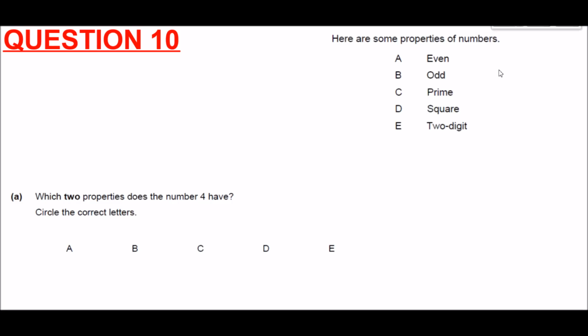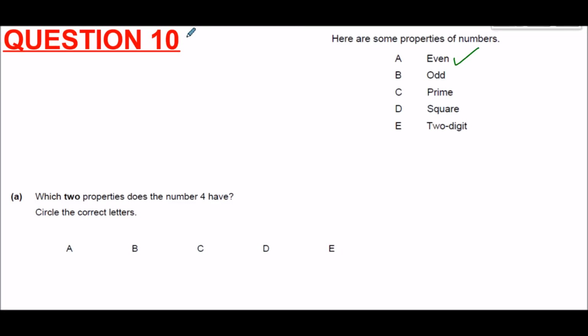Question 10. Here are some properties of numbers. So, even, odd, prime, square, or 2 digits. And part A, it says which 2 properties does the number 4 have? And so the number 4 is even.